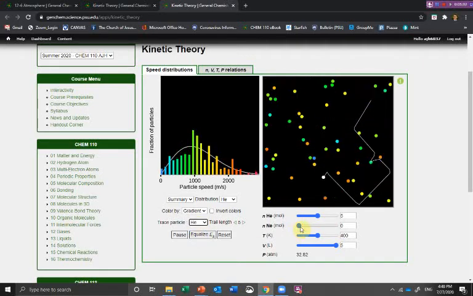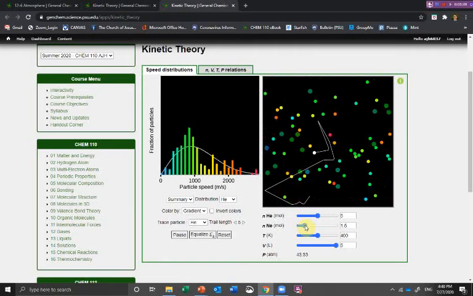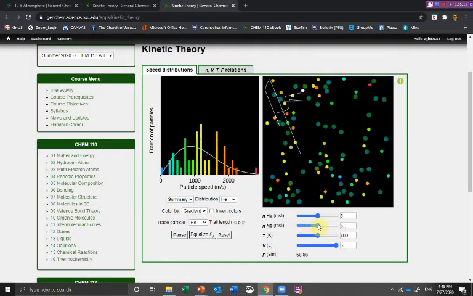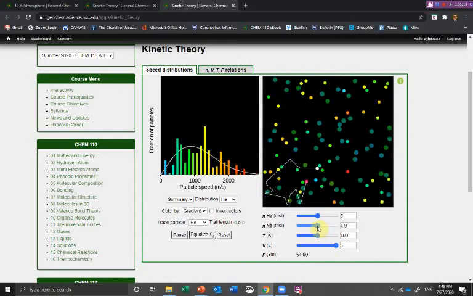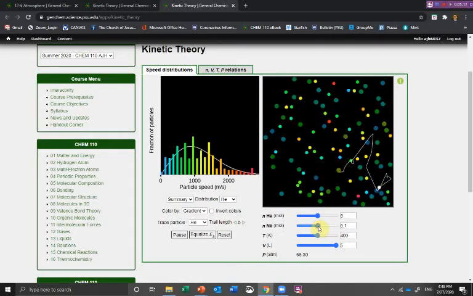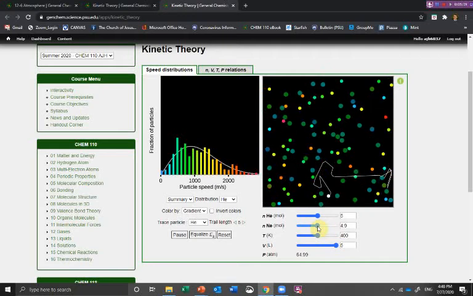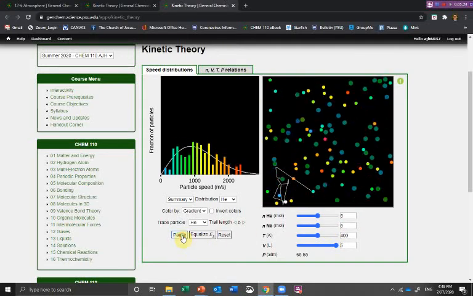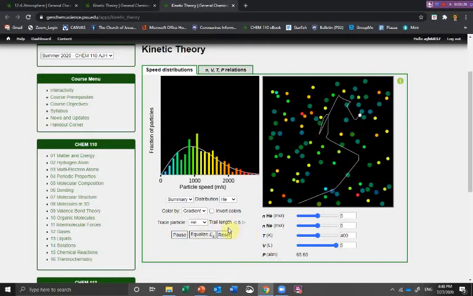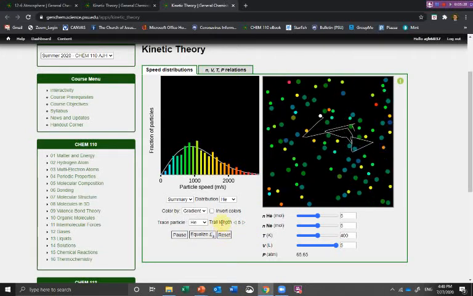And if we insert a second gas, let's go to equal volumes, or equal number of moles of each. We can see a phenomenon, a couple interesting things.